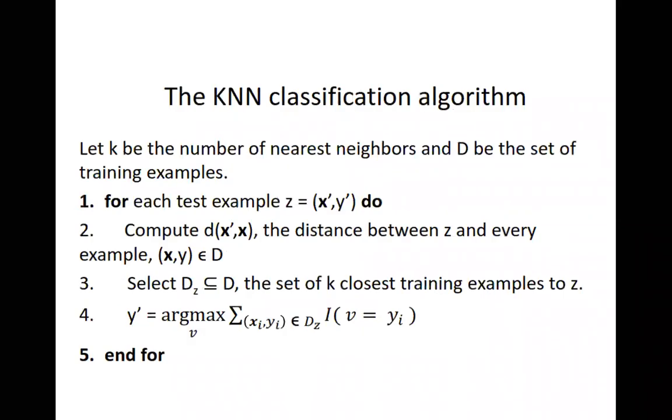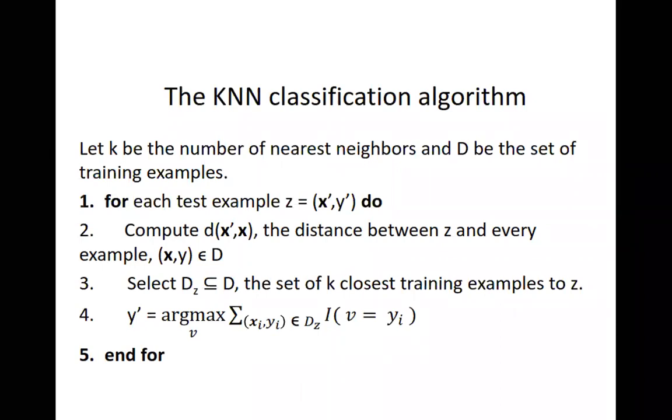So this is the final KNN classification algorithm. Let K be the number of nearest neighbors. You already know that K value you have to select, and D be the set of training examples. In machine learning, wherever you take any algorithm, capital D always represents the set of all training examples. All the algorithms use the same formats.